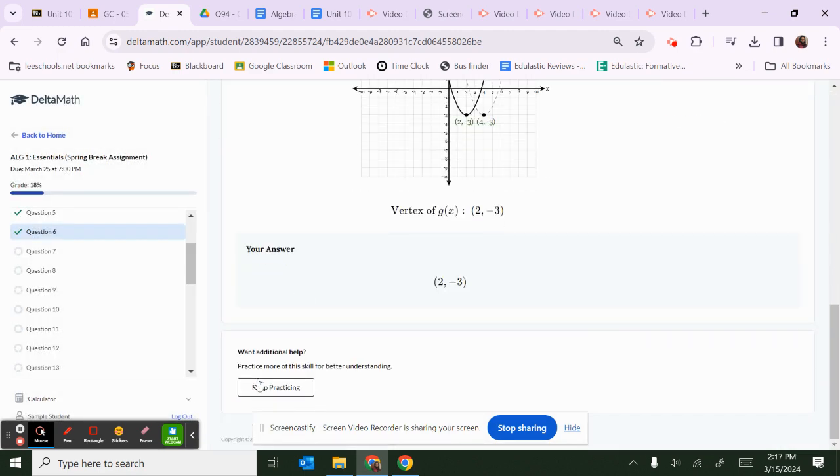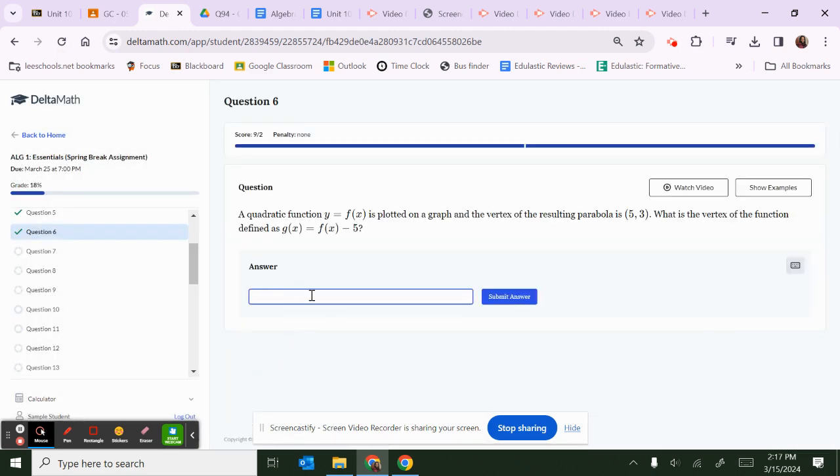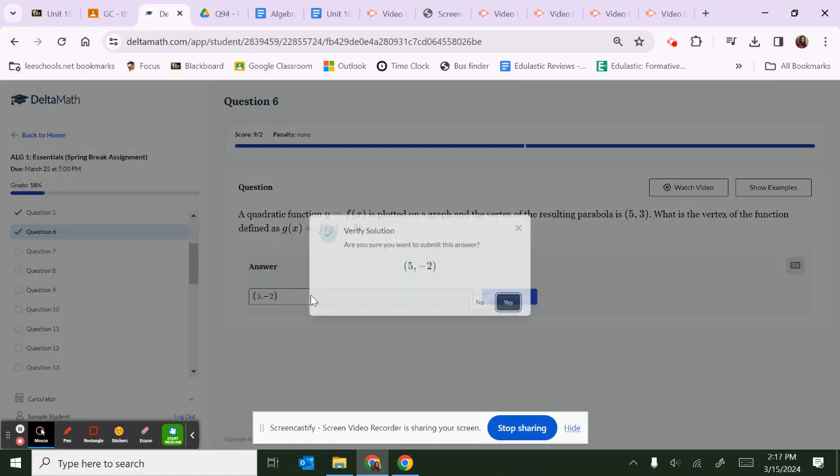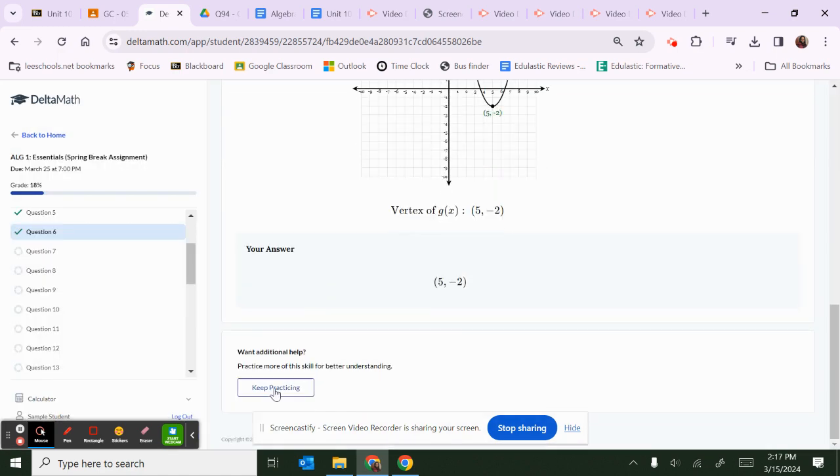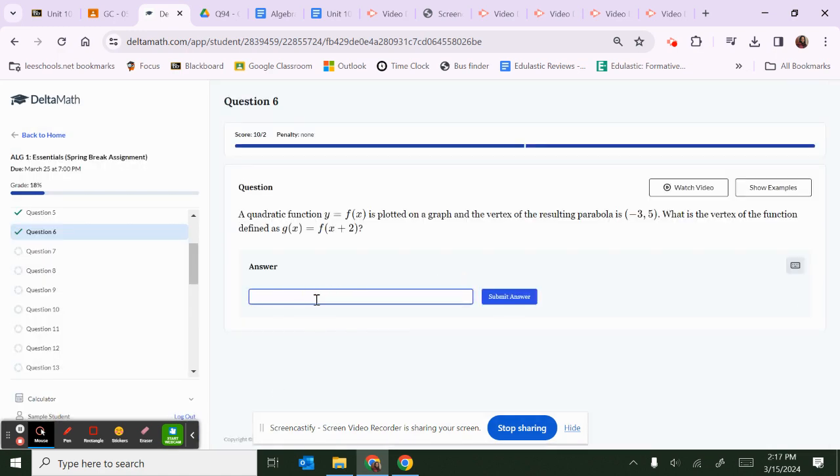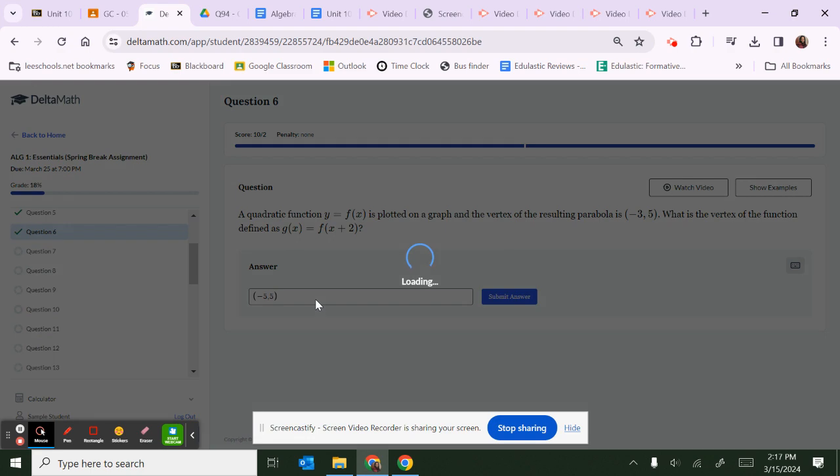It doesn't seem like it's trying to give me one, guys. This will be 5. 3 minus 5 is -2. I'm trying to get one where there's a number on the inside and on the outside. This would be -5, 5.